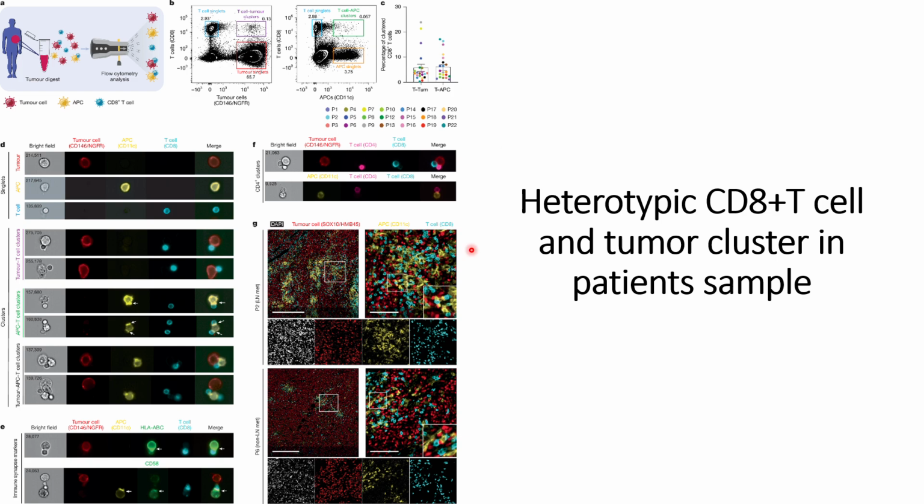Finally, they checked the patients' samples with different immunofluorescence markers, and they were able to see that the APCs, CD8 plus T cells, and also these tumor cells which lie in the vicinity, within 10 micrometers, show similar kinds of functions.